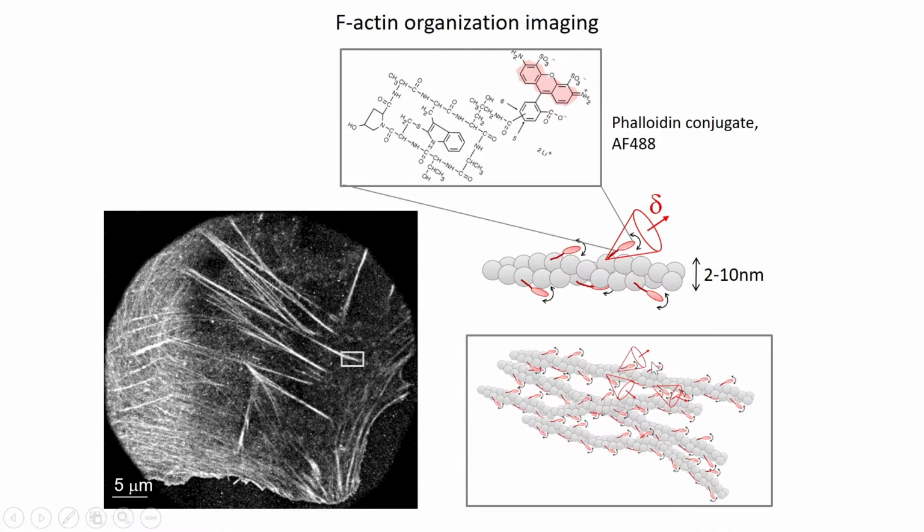But what we look at is the way that these filaments are organized locally per pixel, which is itself a given organization, which we call psi here. So psi is due to the way that filaments are going to be oriented within this focal spot and the way that molecules are going to wobble in time.